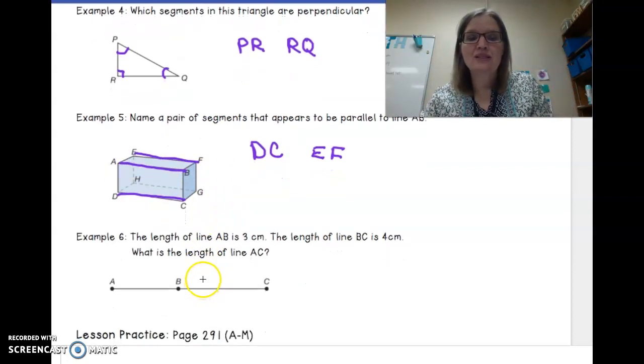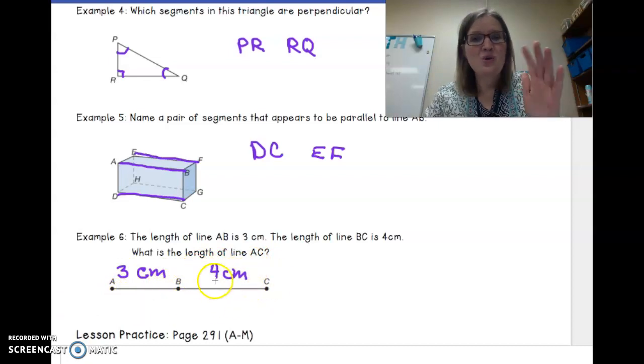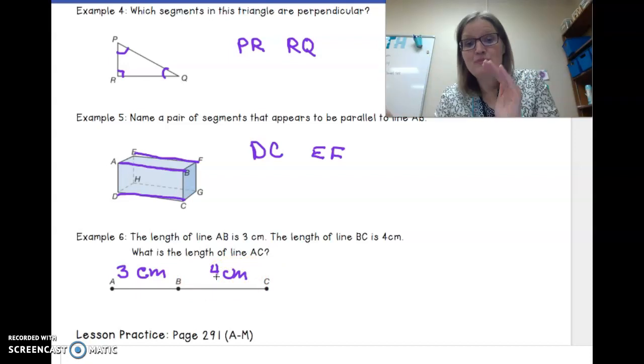Our next one: the length of line AB is 3 centimeters. The length of BC is 4 centimeters. So we have BC. Saxon loves this kind of problem. You will see it in your tests from time to time. Sometimes they'll give you the whole measurement and then ask what is the measurement of BC?